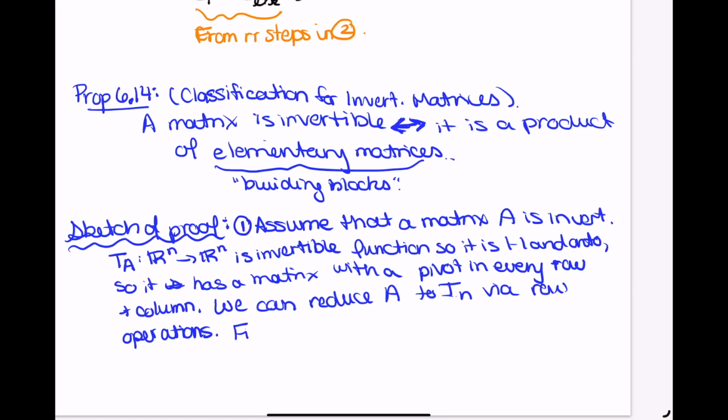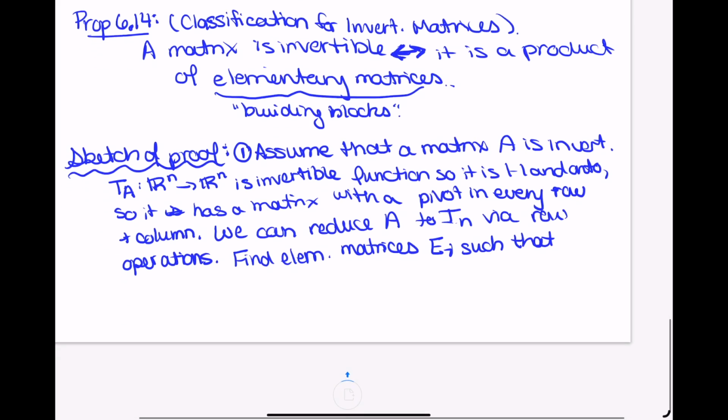Okay, now we're going to prove our main classification theorem. And I've just written the reasons why, if we're given an invertible matrix, we can write it as a matrix that can be row reduced to the identity, just like we've assumed before.